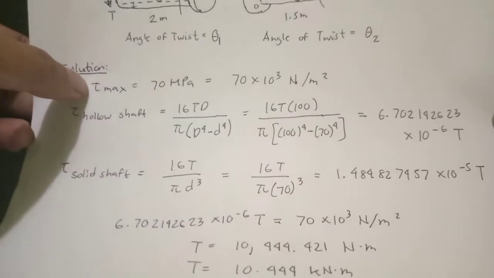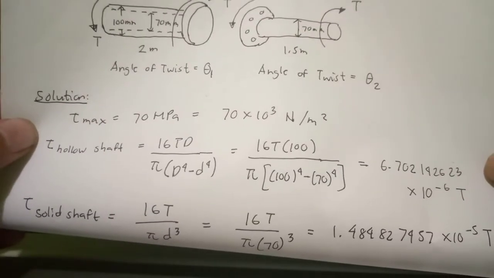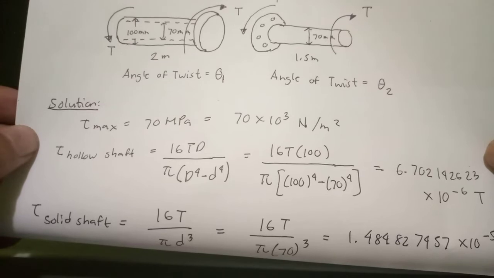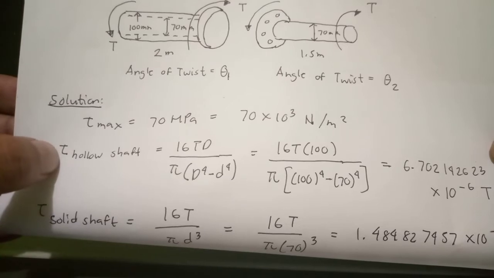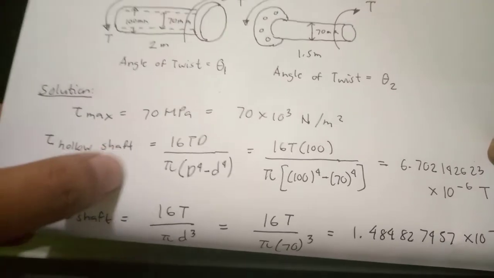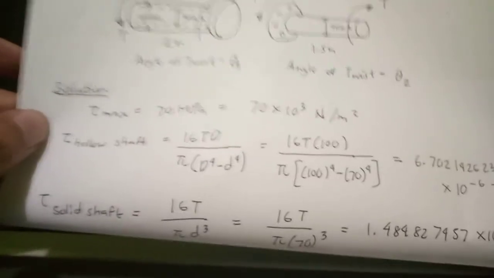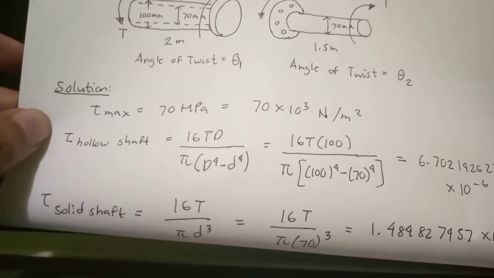So in that case, we use the formula for the shear stress. The maximum shear stress at the hollow shaft is equivalent to 16 T D over pi multiplied by big D to the power of 4 minus small d to the power of 4.